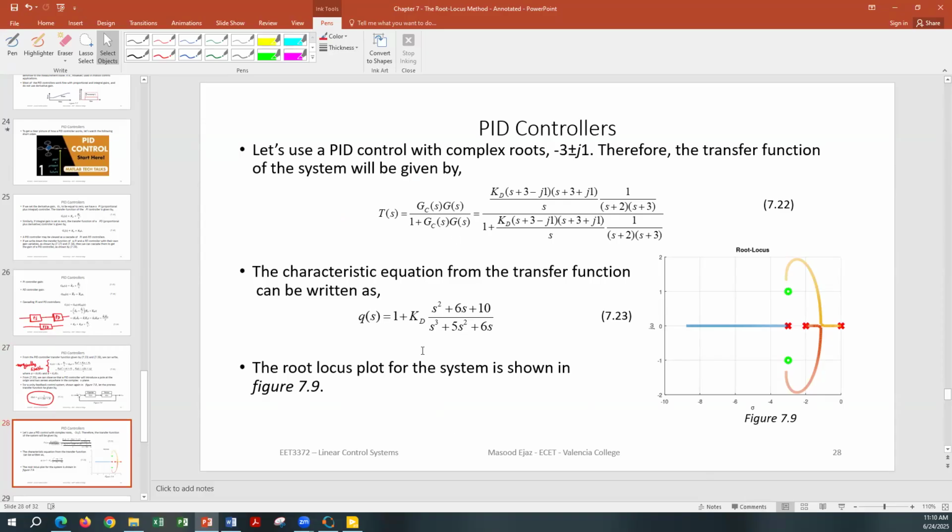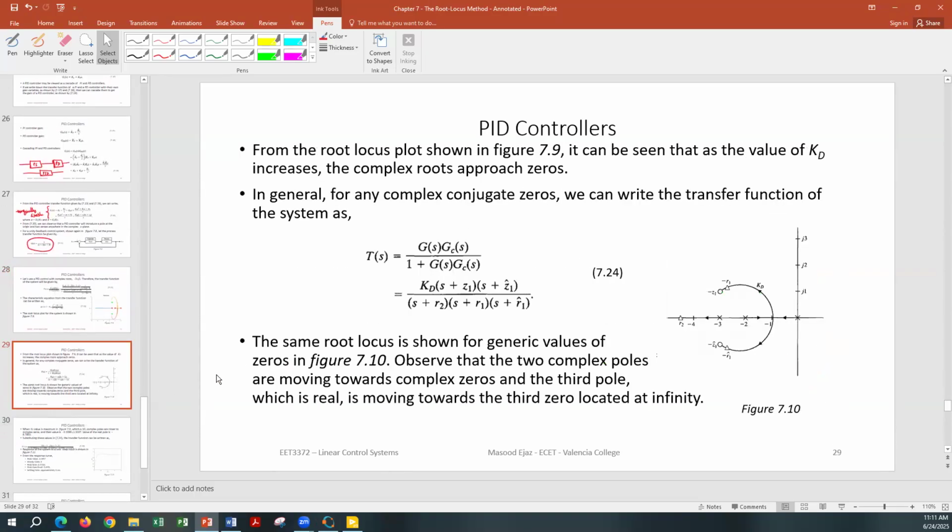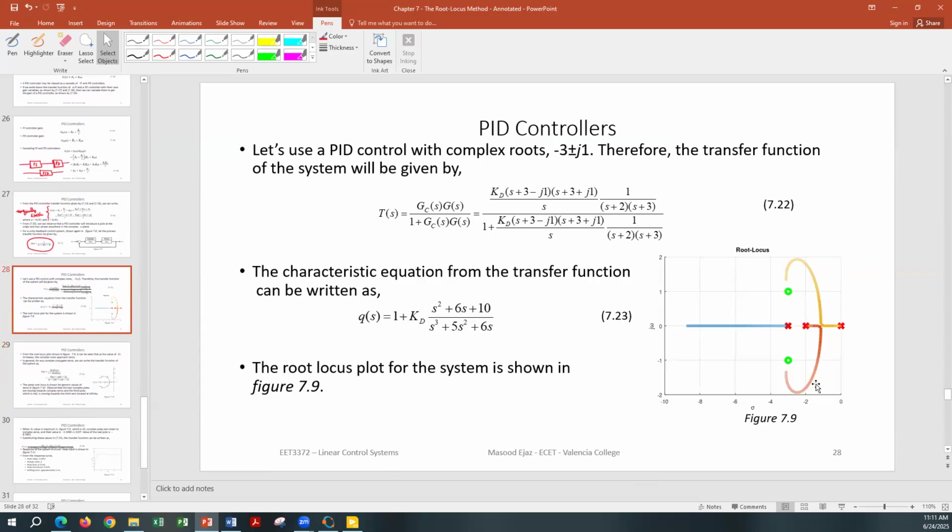The characteristic equation from this is 1 plus Kd (s squared plus 6s plus 10) divided by (s cubed plus 5s squared plus 6s). And then we draw the root locus of that. From the root locus plot 7.9, as you can see, we have 3 poles and 2 zeros, and of course one of the zeros is sitting at infinity, where this root locus is heading.